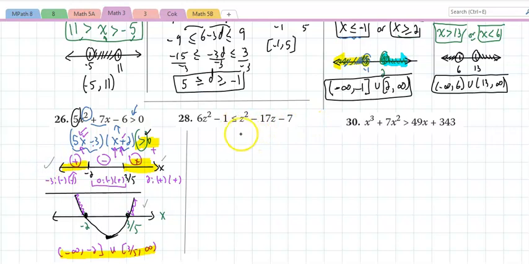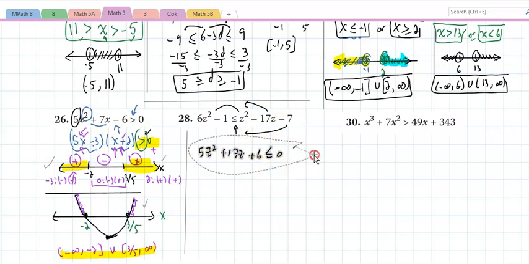So when I look at this, I notice this is an inequality, and I need to get everything on one side, 0 on the other side. That's 5z squared plus 17z plus 6 being less than or equal to 0. So two options from here on. I would factor that.